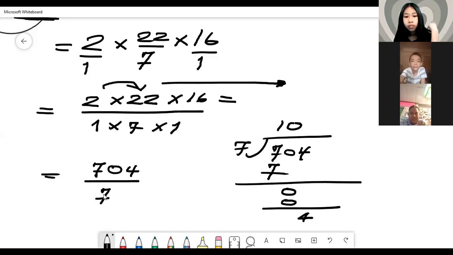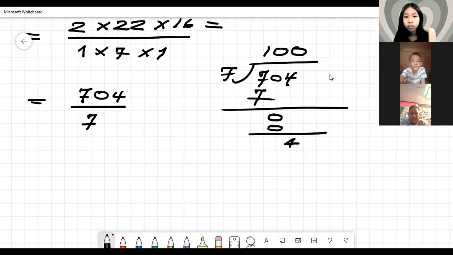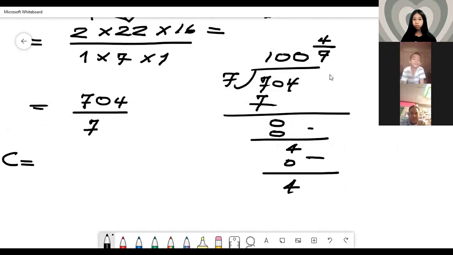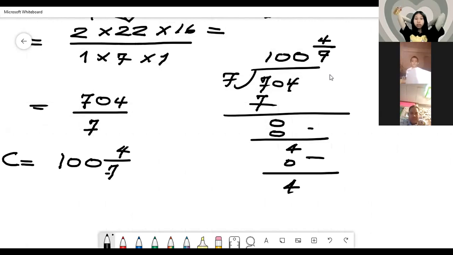Bring down 4. 4 divided by 7 is 0. 0 times 7 is 0, minus, that is 4. So 104 over 7. Therefore, the circumference of that circle is 104 over 7 centimeters.